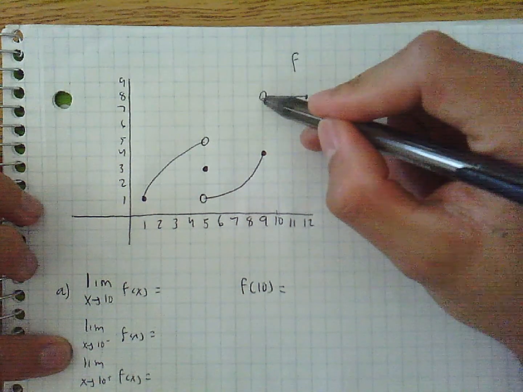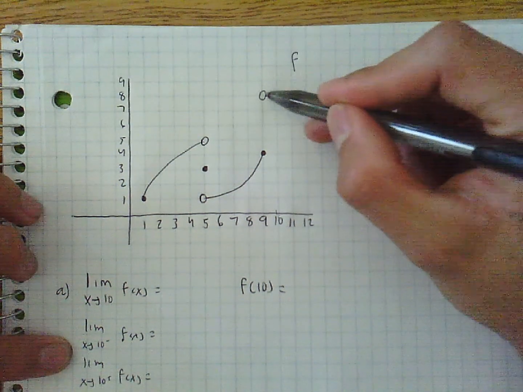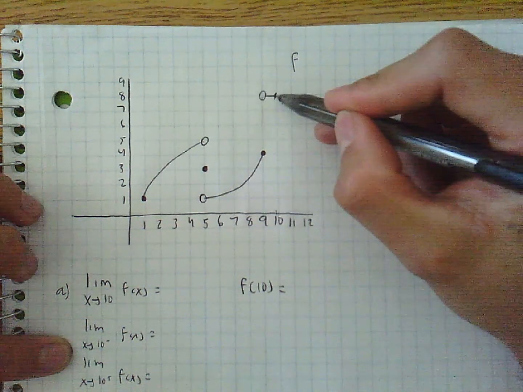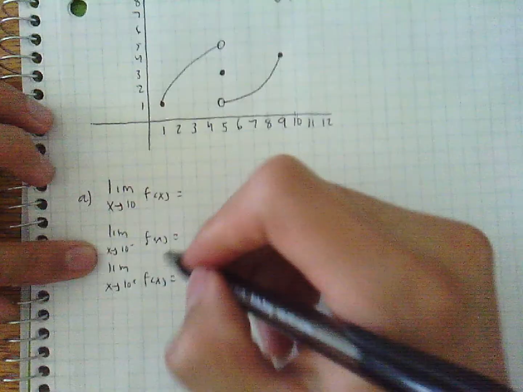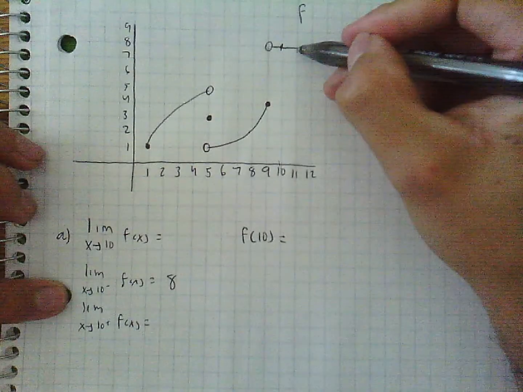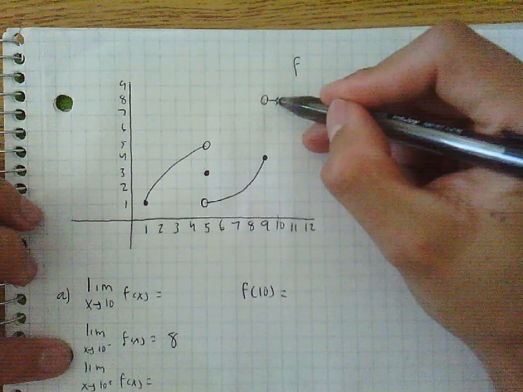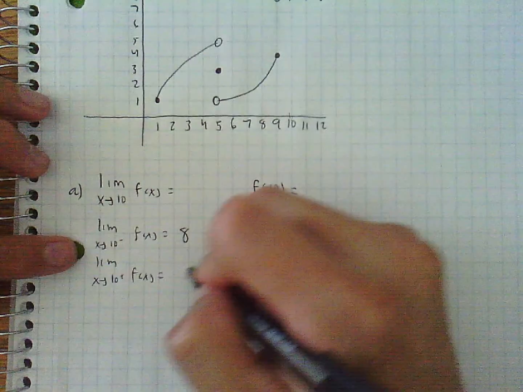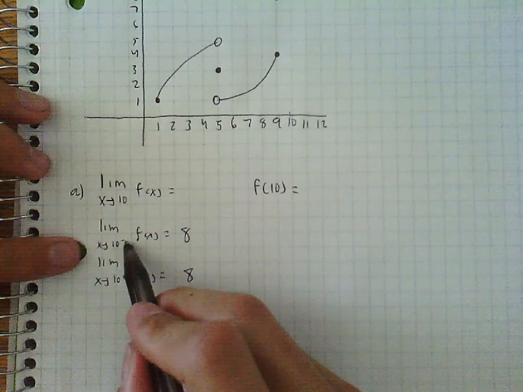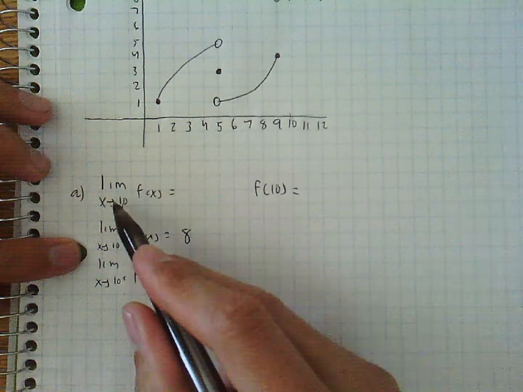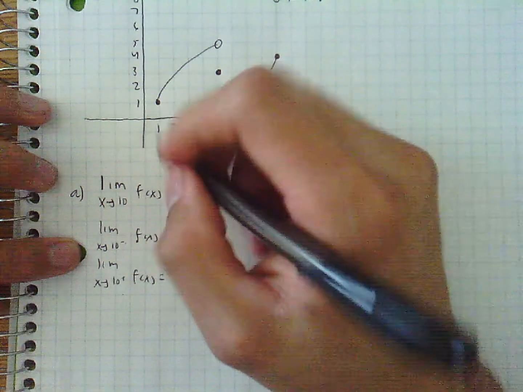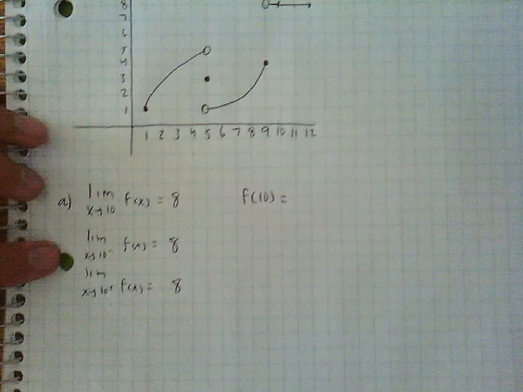From the left and from the right. From the left side, I seem to be approaching the y value of 8. And from the right hand side, I seem to be approaching the y value of 8. Therefore, if the left-sided limit and the right-sided limit are the same, then we can say that the limit as x approaches 10 would actually be 8.